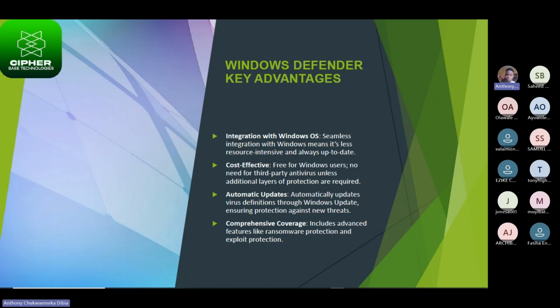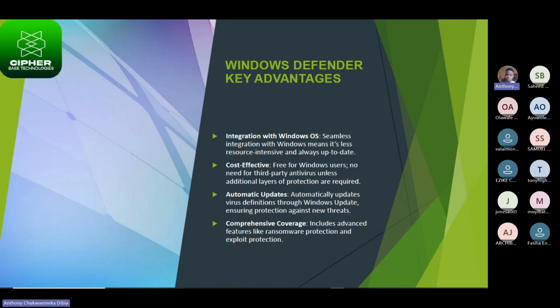We have automatic updates. Automatically updates virus definitions through Windows updates, ensuring protection against new threats. So it also automatically updates virus definitions. When you connect your data to your PC, there are some updates that actually happen in background that you might not really know about. So one of these is the virus definitions. Now we have comprehensive coverage, includes advanced features like ransomware protection and exploits protection.